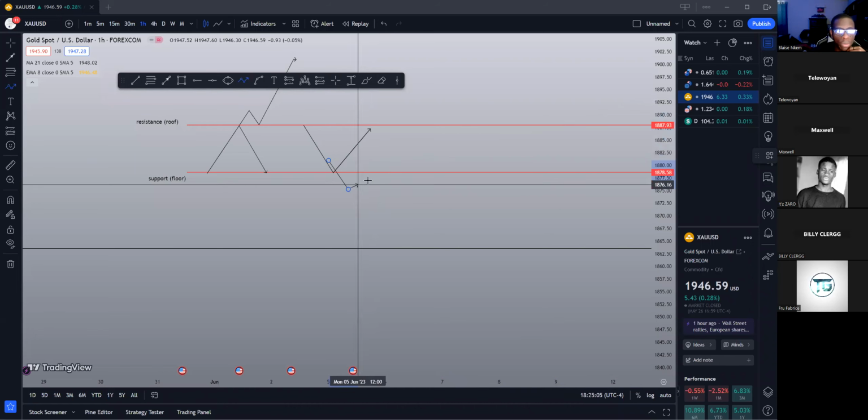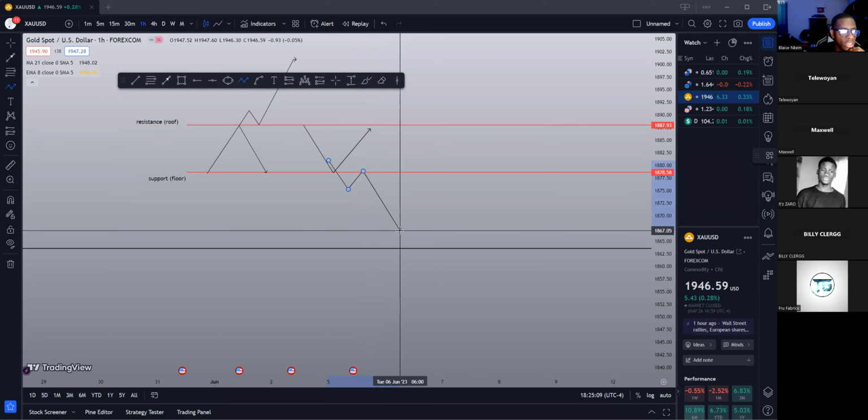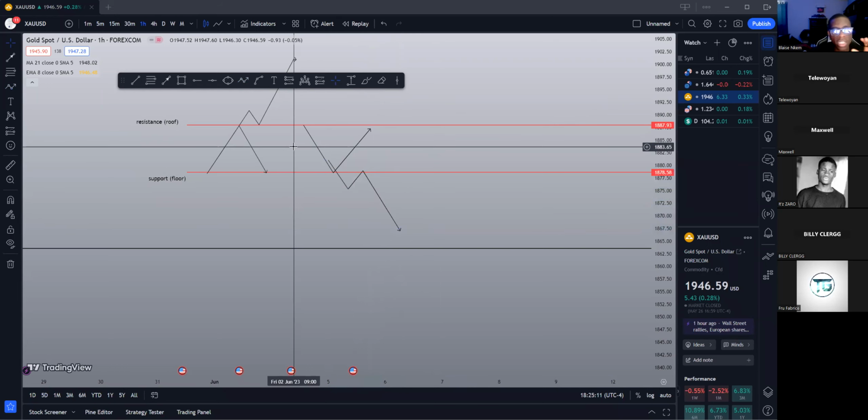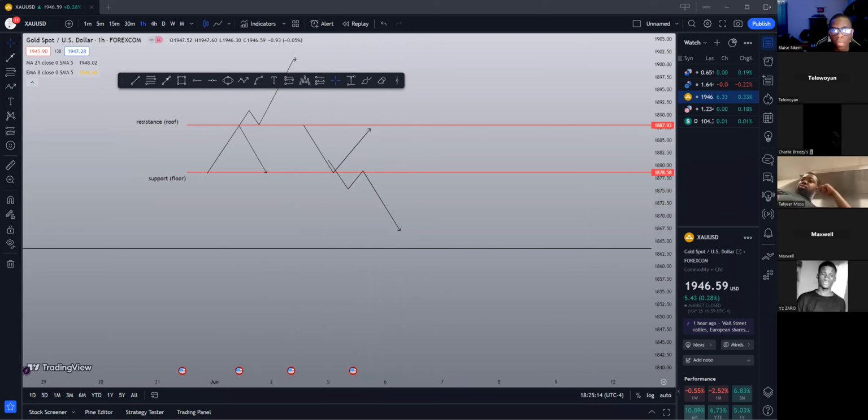Yeah, resistance. So support turns into resistance when price breaks and starts going down. So now you have that idea: support is able to turn to resistance and resistance is able to turn to support.